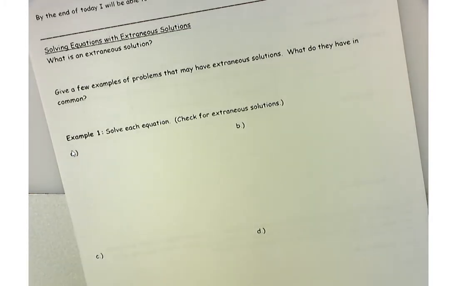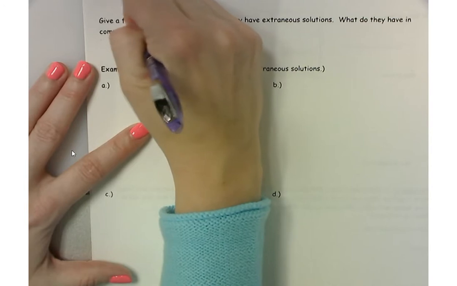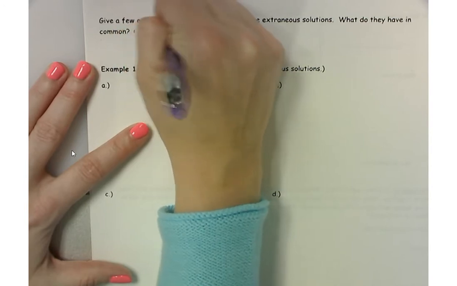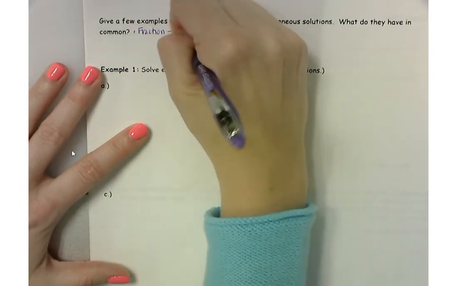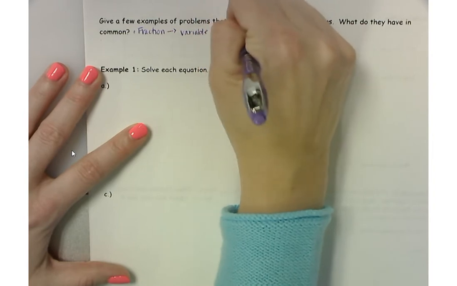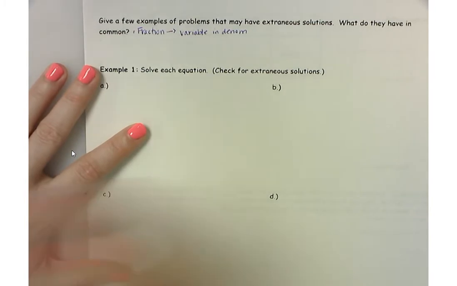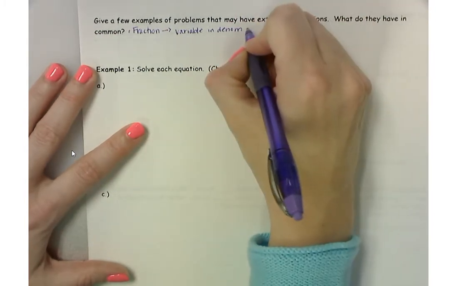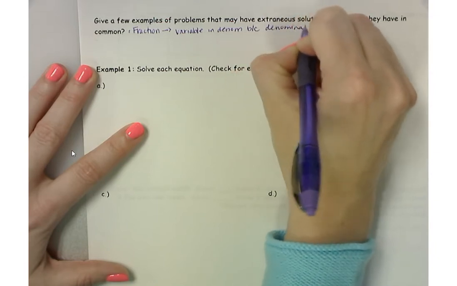in common. So if you have a fraction with a variable in the denominator, because we know that the denominator cannot equal 0.